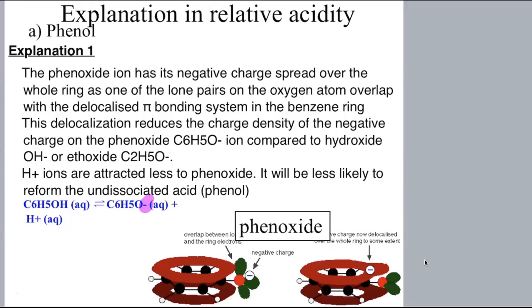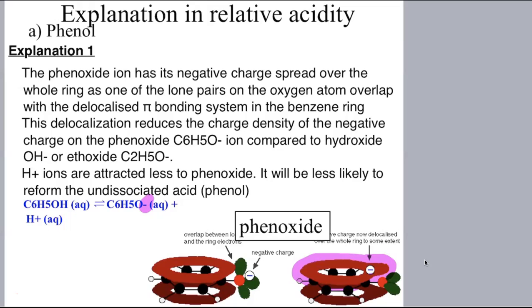But because of the extended delocalization, the negative charge of the oxygen is being distributed around the whole molecule. So the intensity of this negative charge on the oxygen is less. I'm not saying that it's not negative, but the negative charge is now not concentrated, not strong on oxygen.